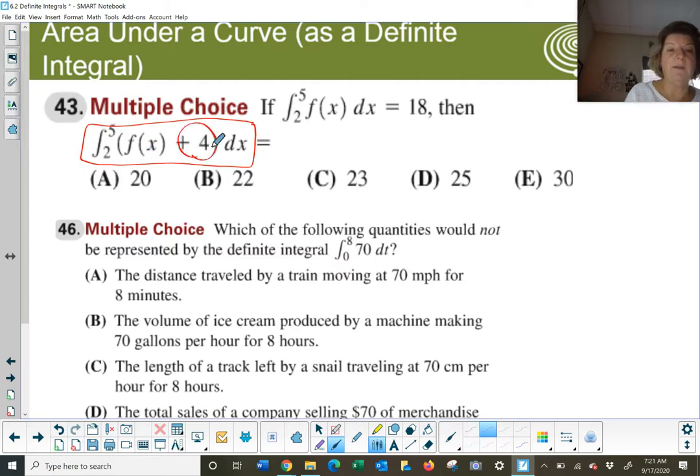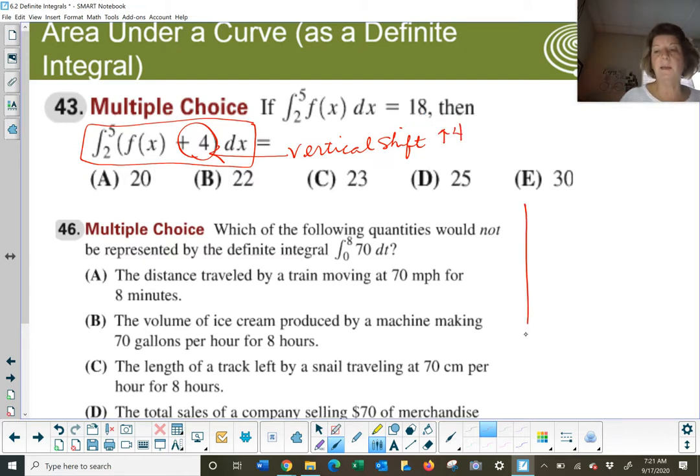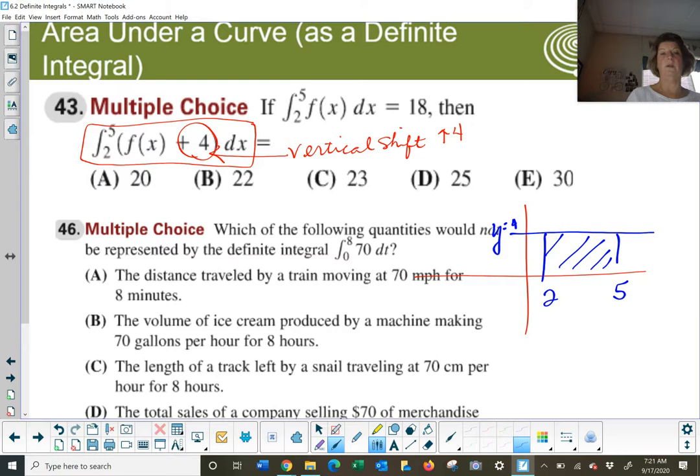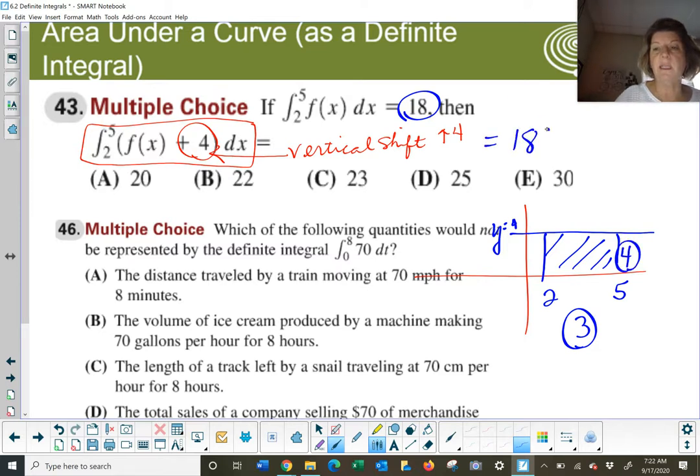Well, this would be a vertical shift up by 4, which essentially builds us a rectangle that is 4 units high, and we tag that on to the result of 18. So I would be picking up a 3 by 4 rectangle, so I'm picking up 12 units. This would turn out to be 18 plus 12, giving us 30.